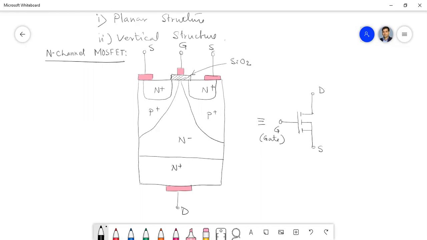Middle layer, and which way? Towards the gate or away from the gate? Towards. Okay, so this is the N-channel MOSFET. This is D called the drain and this is called the source.